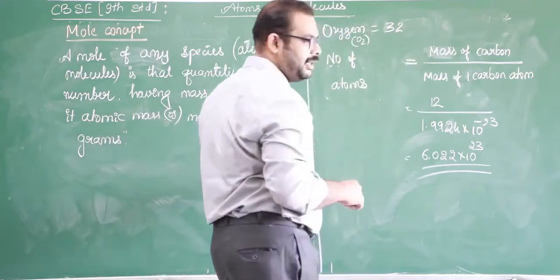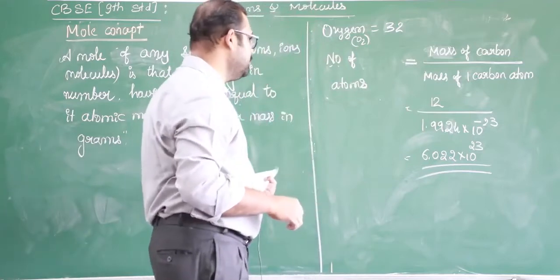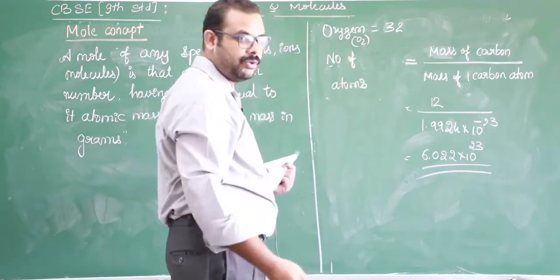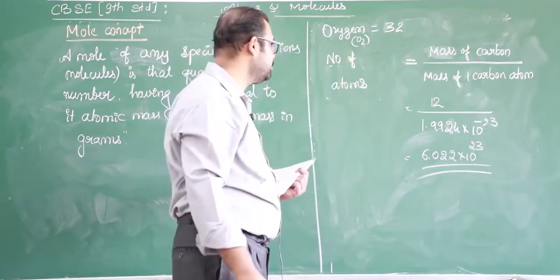Now we have taken the oxygen molecule. The mass of one oxygen atom is 16, and O2 means 16 twos are 32.